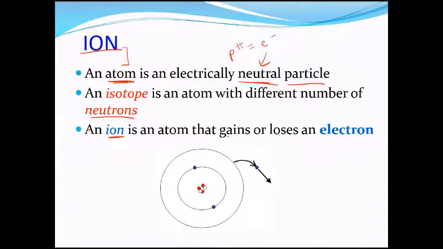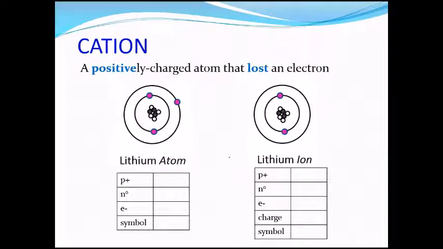The ion part is when it gains or loses an electron. And this example picture is showing that you're losing an electron here from this particular atom, and it's turning into an ion. Now, fun names, cation. That's how you pronounce this.